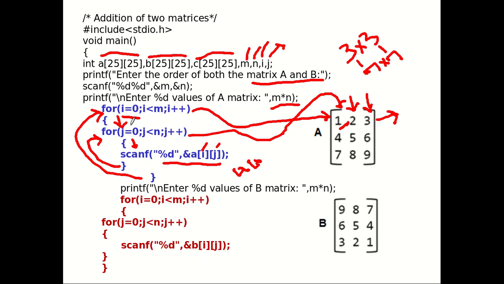So when these two for loops are executed completely with the condition satisfying, then all the elements will be stored in the matrix in this form. So next we are asking the user to enter the elements of matrix B. So these same statements will be repeated for matrix B. So here instead of A we have specified it as B, means it represents the matrix B.